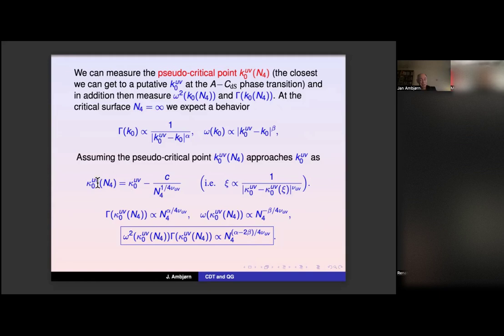Then when we plug this in here, the difference will just be a function of N4. Then we see that this gamma should scale to infinity like this, and this omega should go to 0 like this as a function of N4. And in particular, the product of these two should scale like this, with the exponent alpha minus 2 beta.